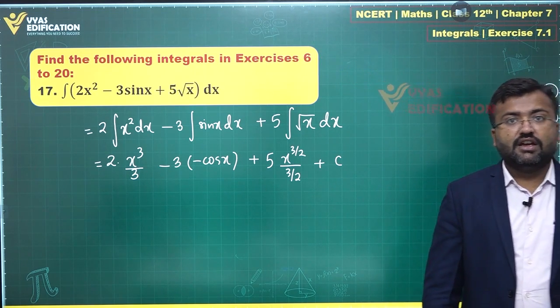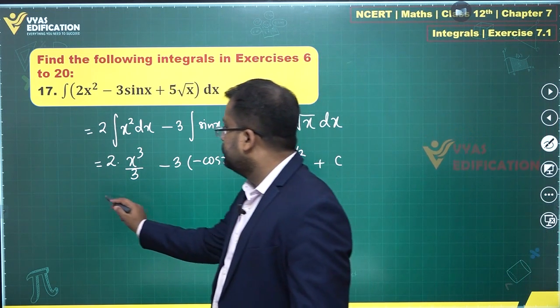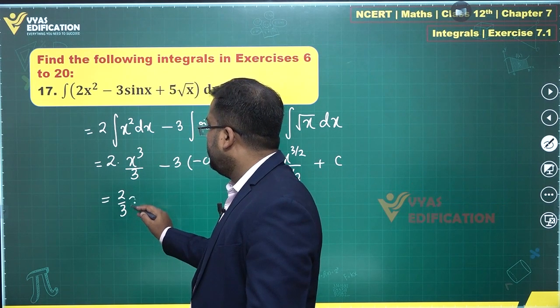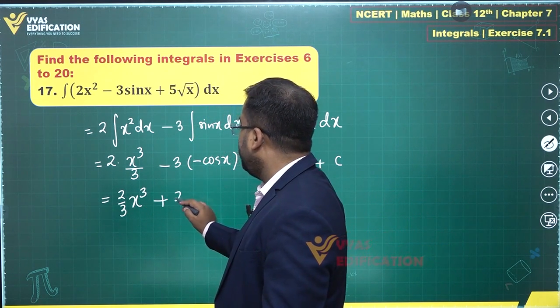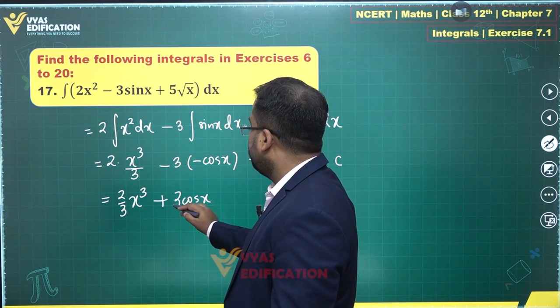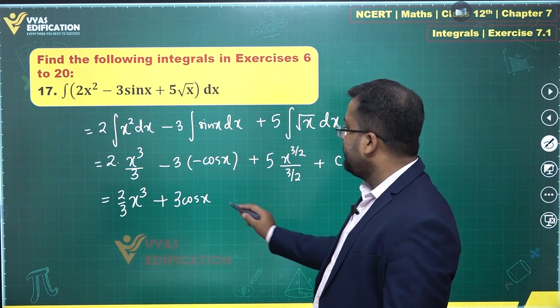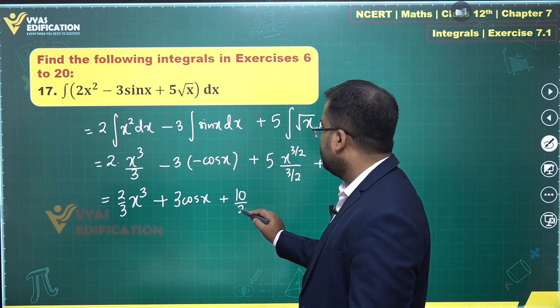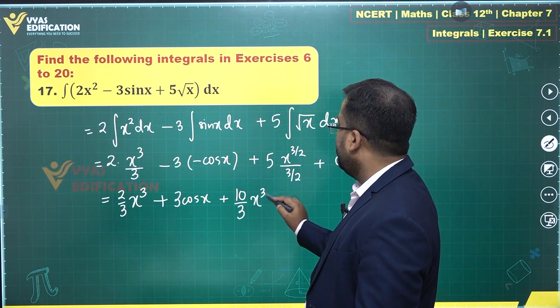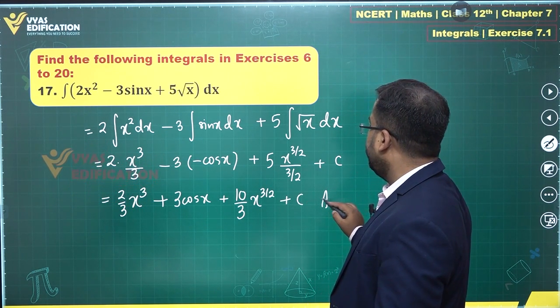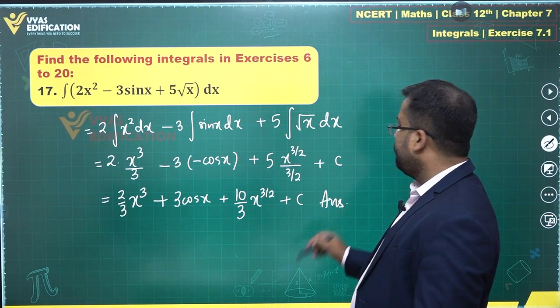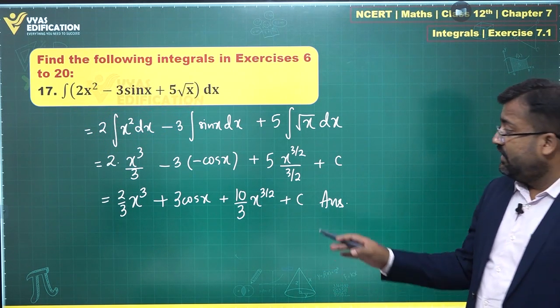This simplifies to 2x^3 by 3 plus 3 cos x, and this becomes 10 by 3 x^(3/2) plus the constant of integration. That's the final answer for this question.